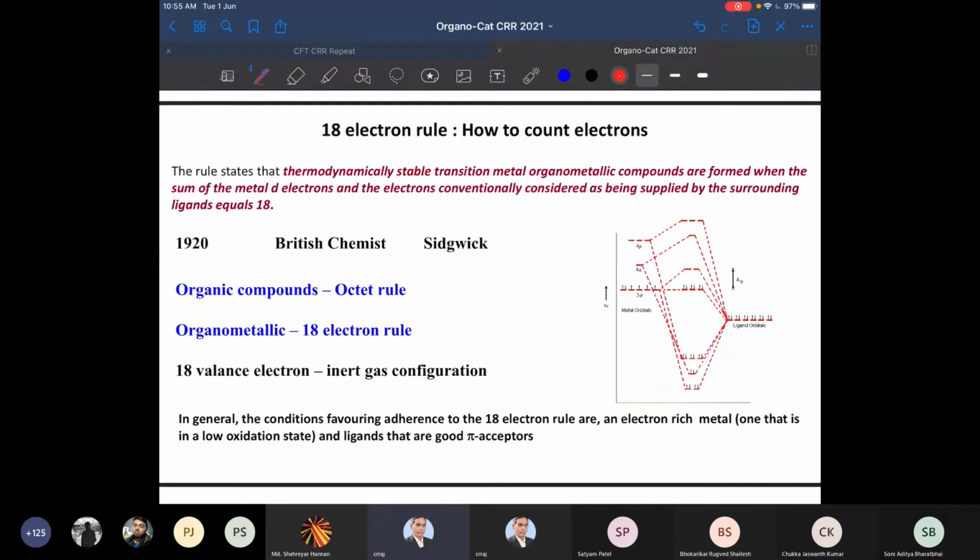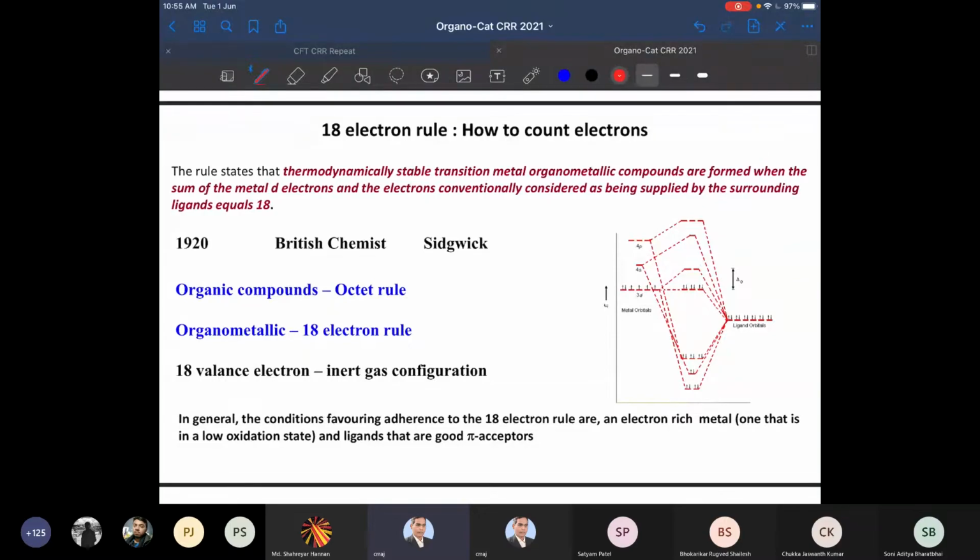I will briefly mention it, and then tomorrow in class, your tutorial teacher will systematically teach you. I repeat, all of you, please attend your tutorial class. There, the counting will be taught systematically. I will give an overview of what the 18 electron rule is and what methods are available. I will not give you a problem to solve here because we don't have time. Your tutorial teachers will teach you.